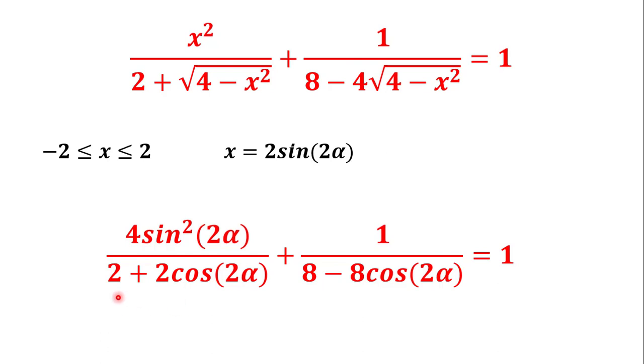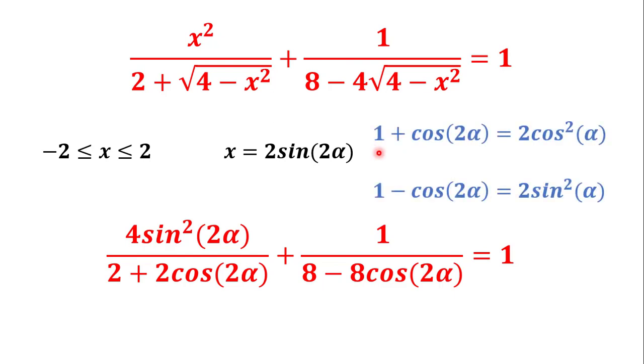In the denominator of the first fraction, we have 2 times 1 plus cosine of 2 alpha, and in the denominator of the second fraction, we have 8 times 1 minus cosine of 2 alpha, and we can use the double angle formula for cosine of 2 alpha. 1 plus cosine of 2 alpha equals 2 cosine squared of alpha, and 1 minus cosine of 2 alpha equals 2 times sine squared of alpha.